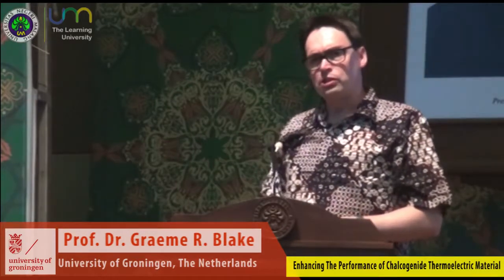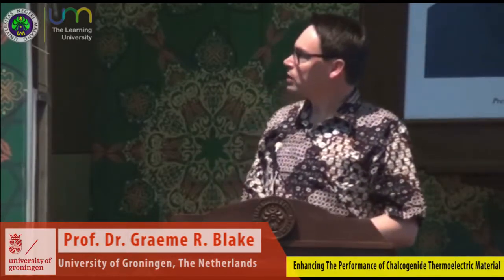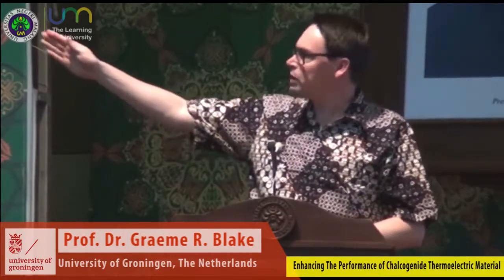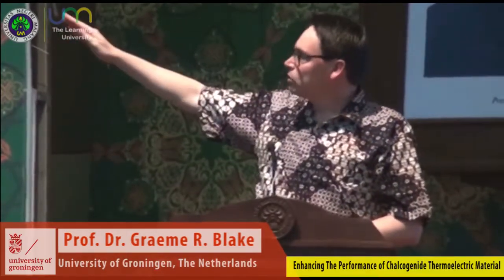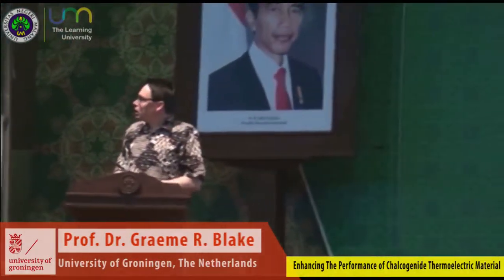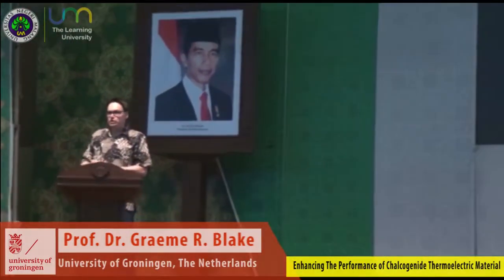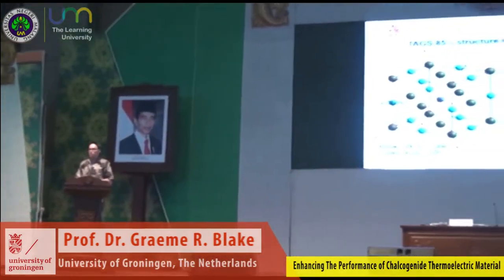So the zigzag structure arises because of a crystallographic phase transition. So it goes from a cubic phase shown on the left, which is at high temperature, to a rhombohedral phase shown on the right, which is at room temperature. So the rhombohedral phase is formed from the cubic phase by stretching two opposite corners of the cube.